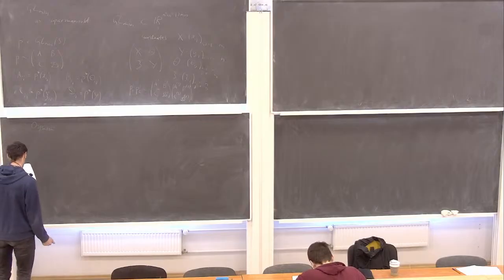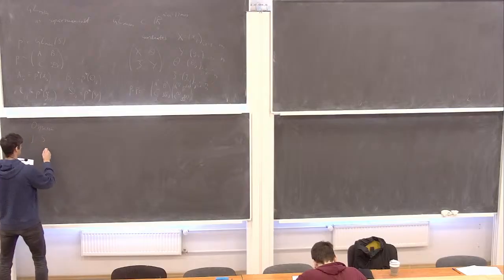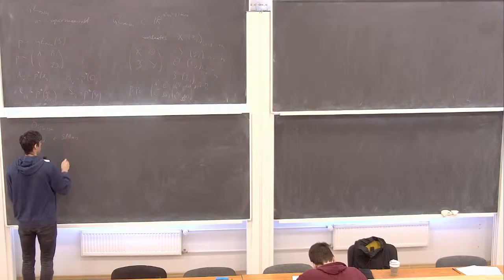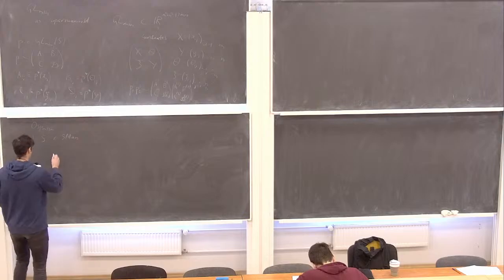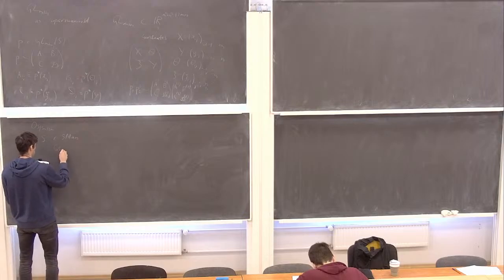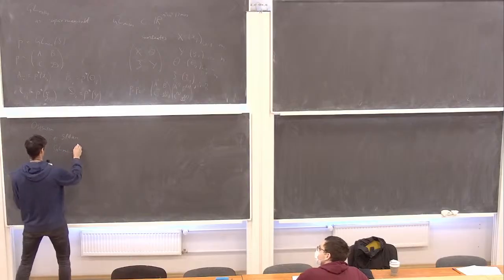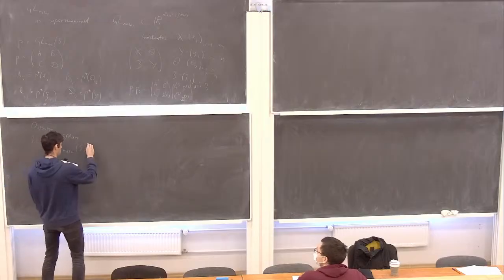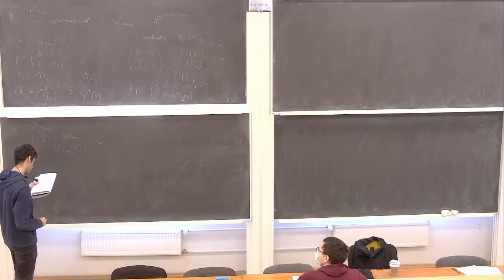All right, so suppose that I have a supermanifold S, and then let me take GL(m|n)(S). So this is a group, and it acts on the following thing.